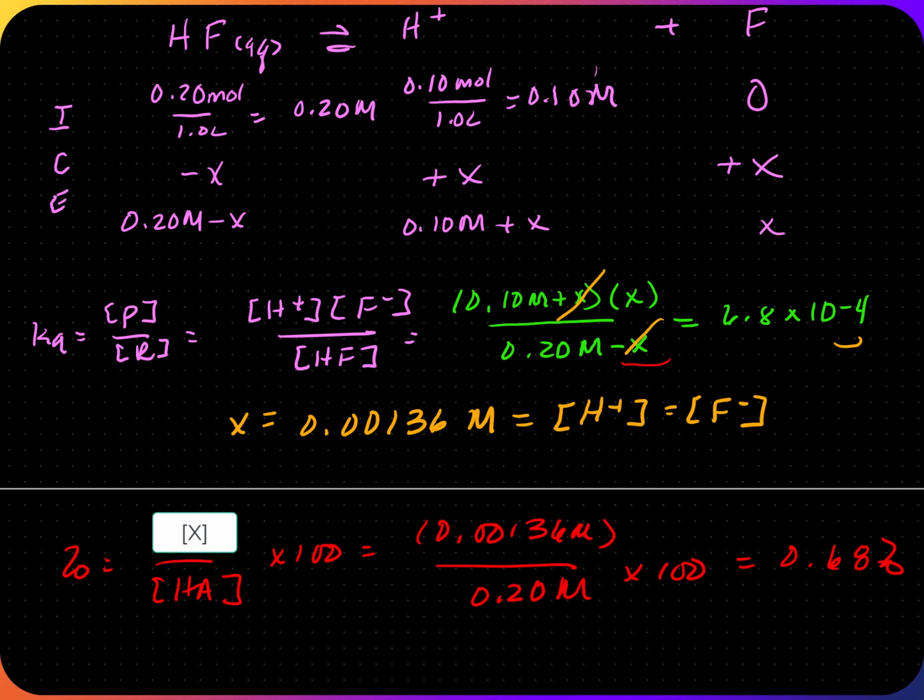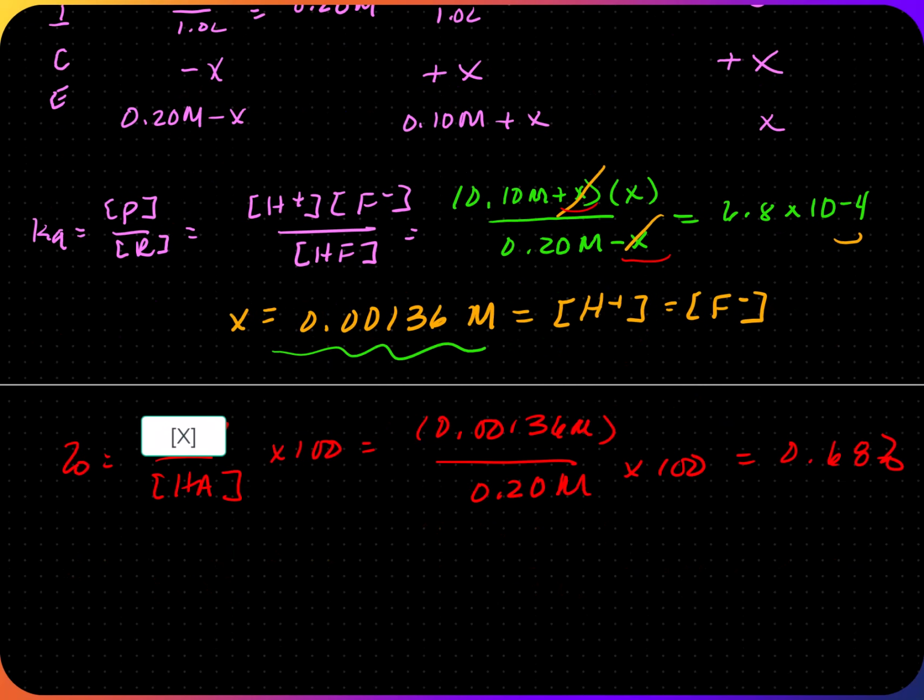So we could cross out the x's here. The fluorine concentration is 0.00136 molar. The actual concentration for H plus is going to equal 0.10 molar plus X, which is 0.00136 molar.